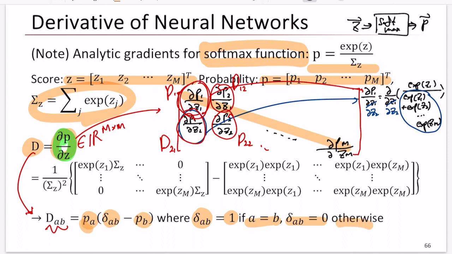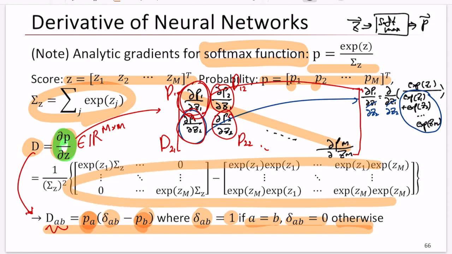Then PA and PB are just the element vector. So by this observation, your final local gradient can be represented like this, right? Please derive this yourself. Due to time limitation, I will skip this one. Anyway, this is going to be the local gradient for the softmax function.